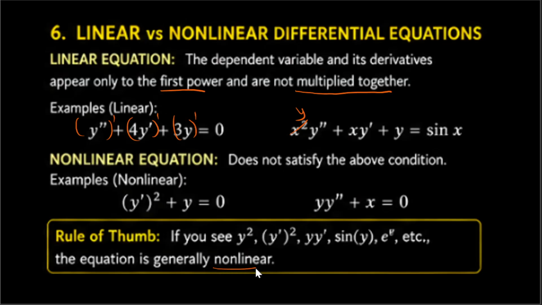So the very first thing to do in order to know if a differential equation is linear or nonlinear is to determine the dependent and independent variable, because the linearity of such an equation will always depend on the condition pertaining to the dependent variable.